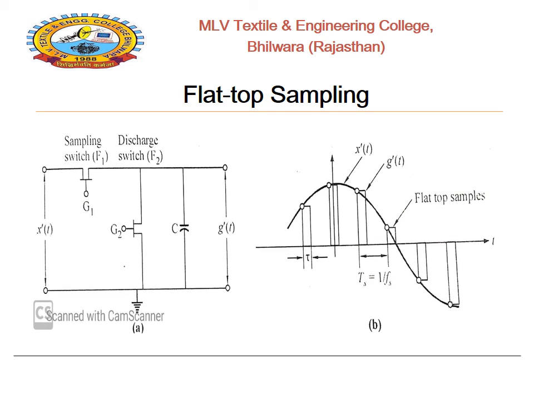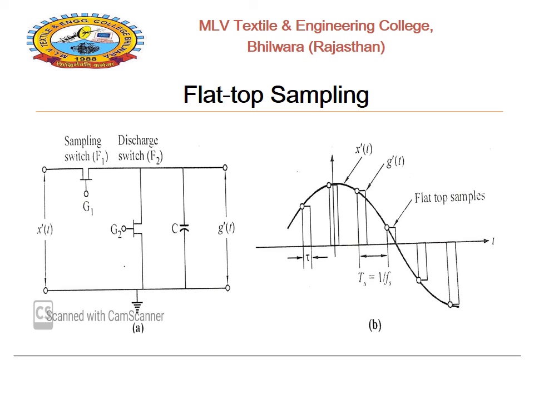After a time tau, G1 is in the off condition and G2 is in the on condition, so the capacitor starts to discharge. Next, when G1 is again on, the next pulse is generated, and after a duration of tau, G2 is on and G1 is off, so the capacitor again starts discharging.